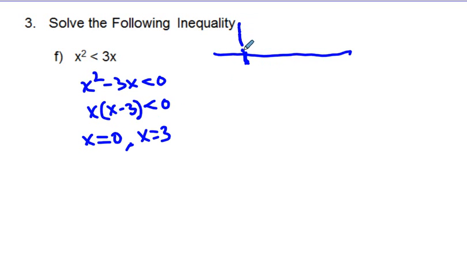We can actually do this as xy. So 0 and 3. And what we would have here is a parabola with an x-intercept at 0 and also an x-intercept at 3.